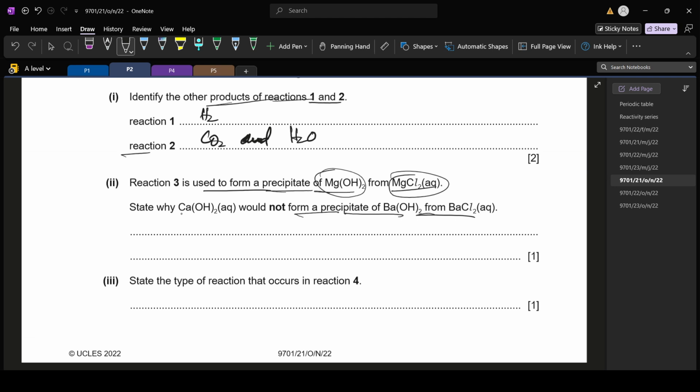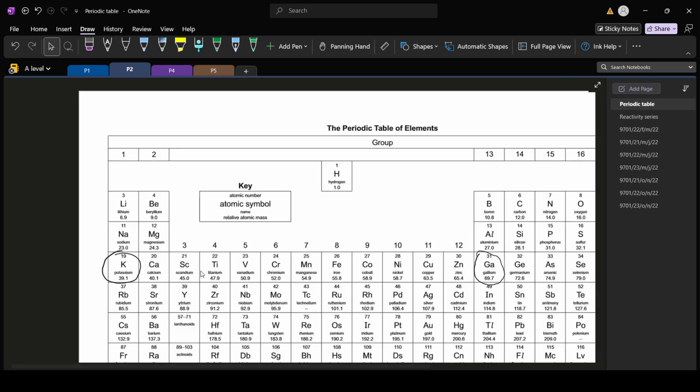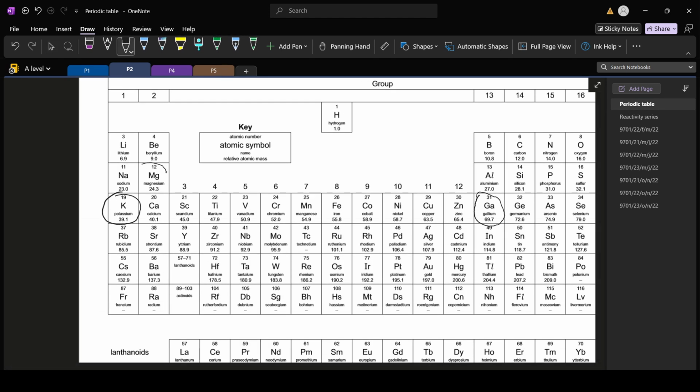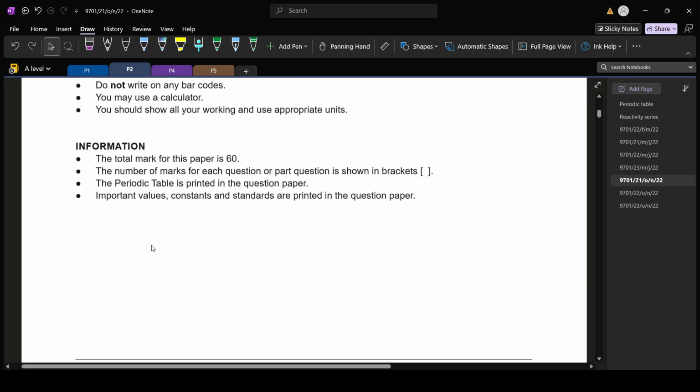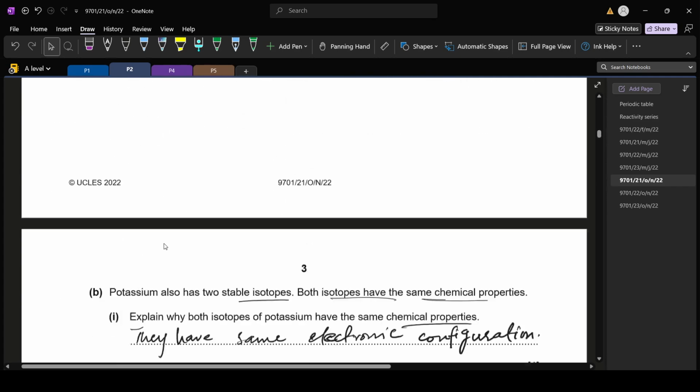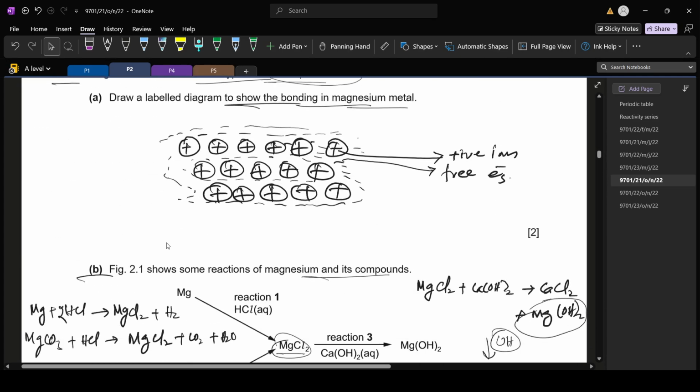Now it's asking why calcium hydroxide would not form a precipitate of barium hydroxide from barium chloride. If you see in the periodic table, magnesium forms a precipitate of magnesium hydroxide, but barium is down the group, and down the group the solubility increases. So that's why barium hydroxide will not form a precipitate.